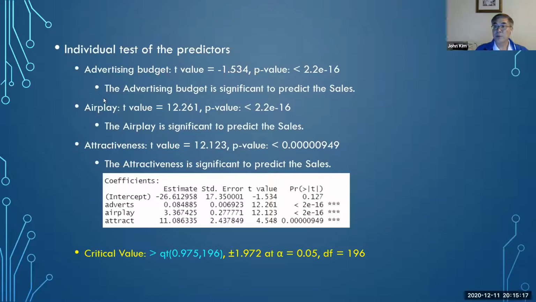So we can say the advertising budget is significant to predict the sales, then airplay, and then attractiveness also. So using this individual test, we can determine all variables, predictors, are significant to predict the sales Y variable.